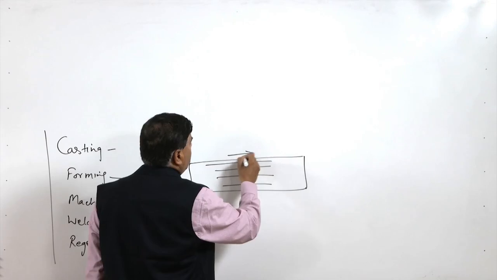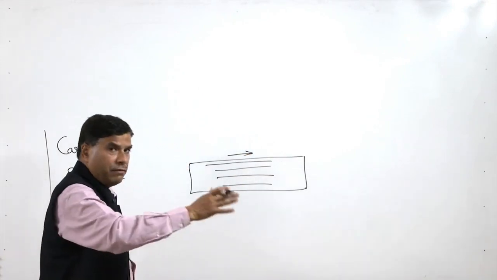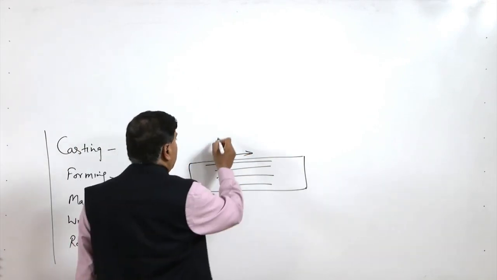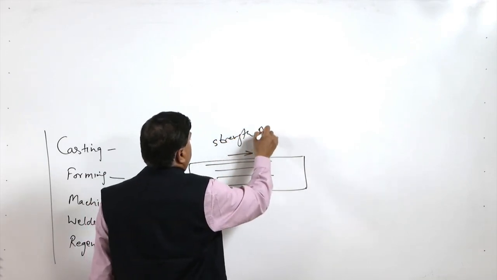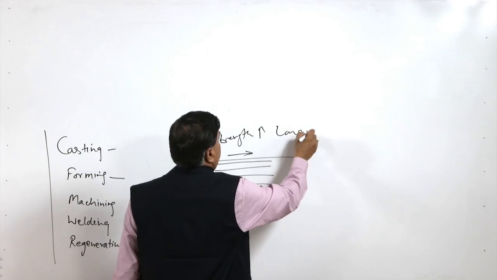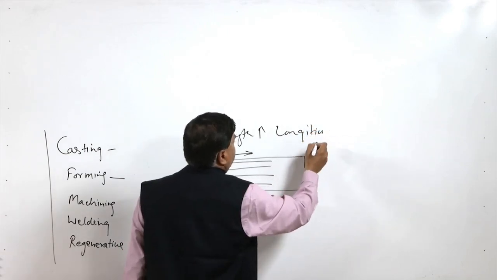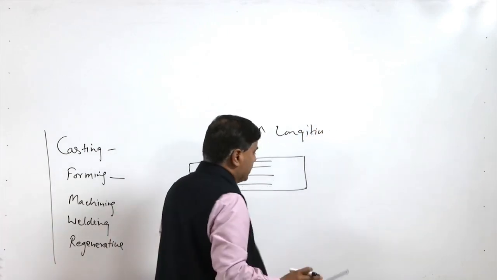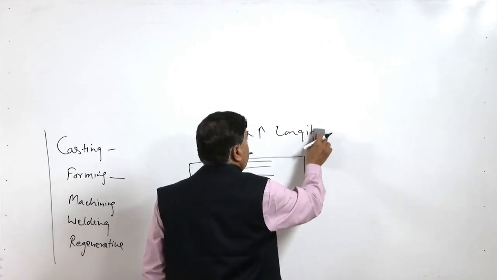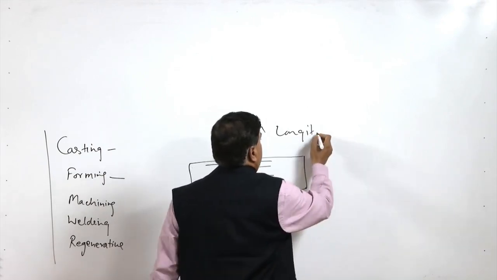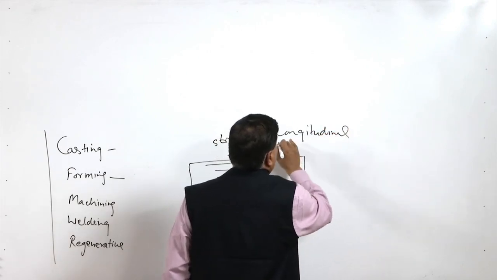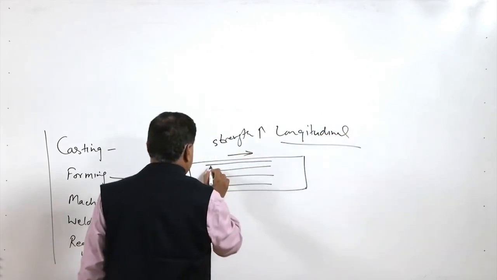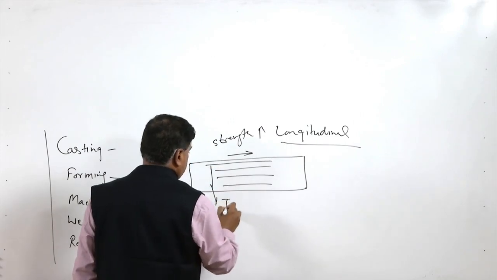So, in the longitudinal direction in which the grains flow during the deformation, the strength is found to be high, and then there is the transverse direction.